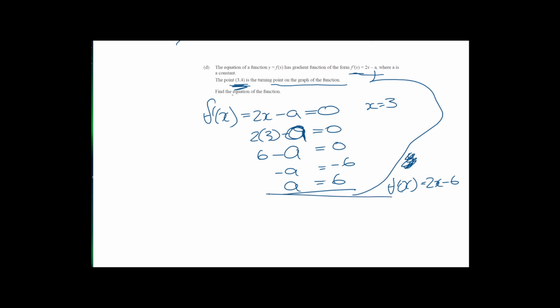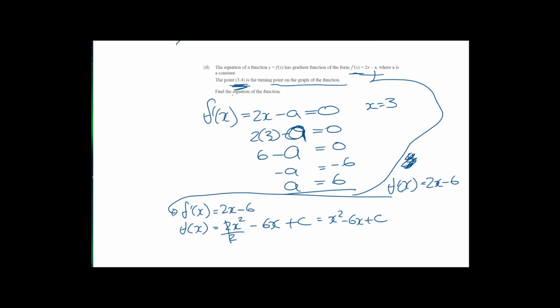So we would take this function here and we would integrate it. 2 stays there, the x stays there, we get an x squared, we divide by 2, the 6 becomes 6x, and don't forget the c, so we've got x squared minus 6x plus c.